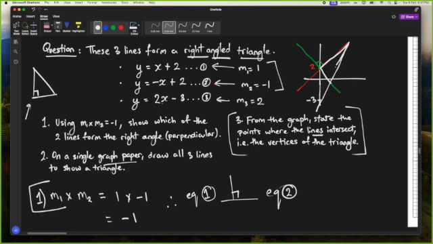This is what your right angle triangle should look like. This will be the right angle here, and I want you to tell me, using your graph, what are these points? This point, and this point. You might see it in red a little better. This point, and this point.